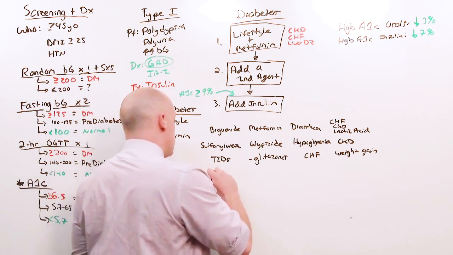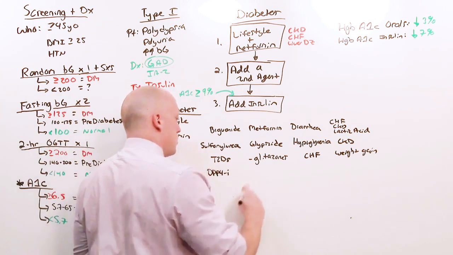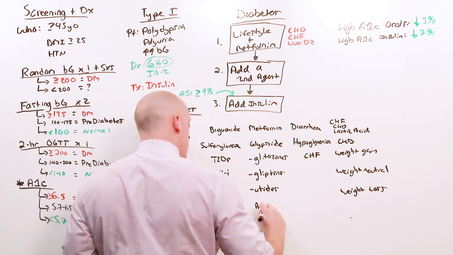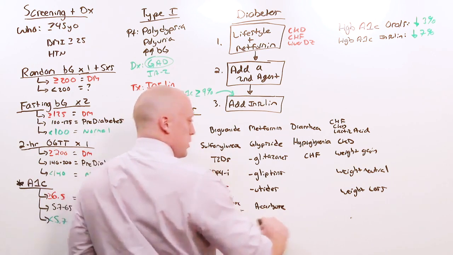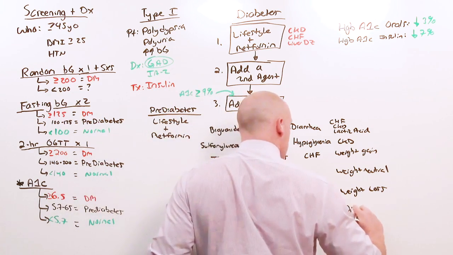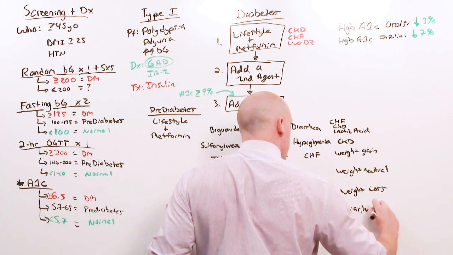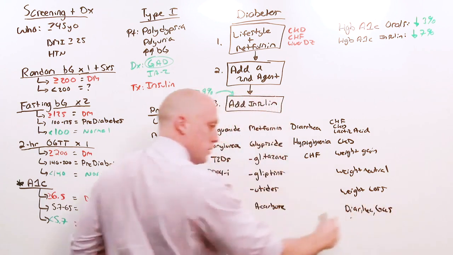The DPP4 inhibitors, this is acarbose. It blocks intestinal absorption of the sugar, and if you do that, you're going to get terrible diarrhea and foul-smelling flatulence. So most people aren't going to want to use those.